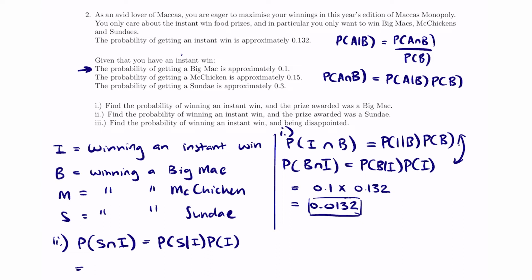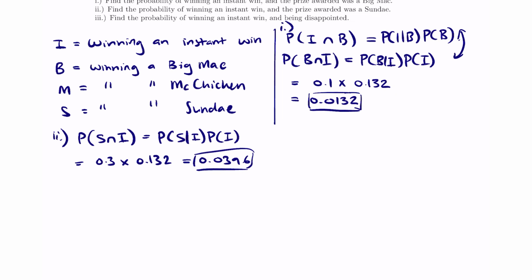So it's essentially the same as the previous part. The probability of getting a Sunday given that you had an instant win is 0.3 from this line here. This is multiplied by 0.132 as before, and our probability is therefore 0.3 times 0.132, 0.0396.